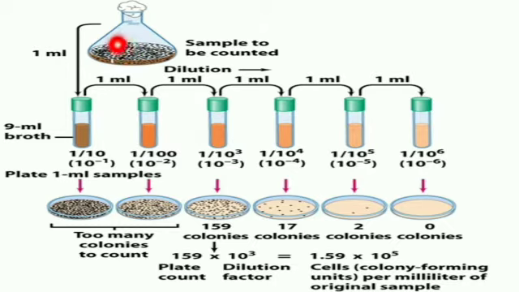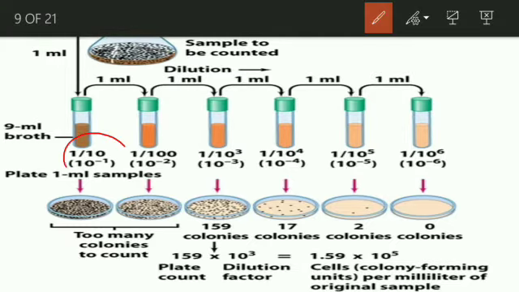From this growth medium you take 1 ml, and add it to a test tube which has 9 ml of broth. That dilution is 1 by 10, that is 10 to the power of minus 1.